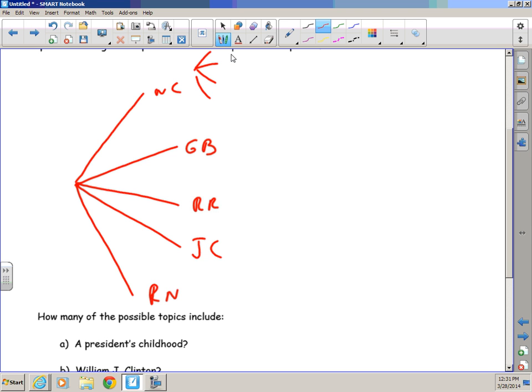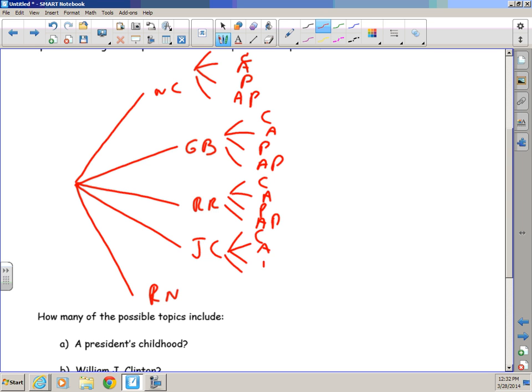C for childhood, A for adulthood, P for presidency, and AP after presidency. C, A, P, AP. C, A, P, AP. And you get the picture. And you would do that for each of these.